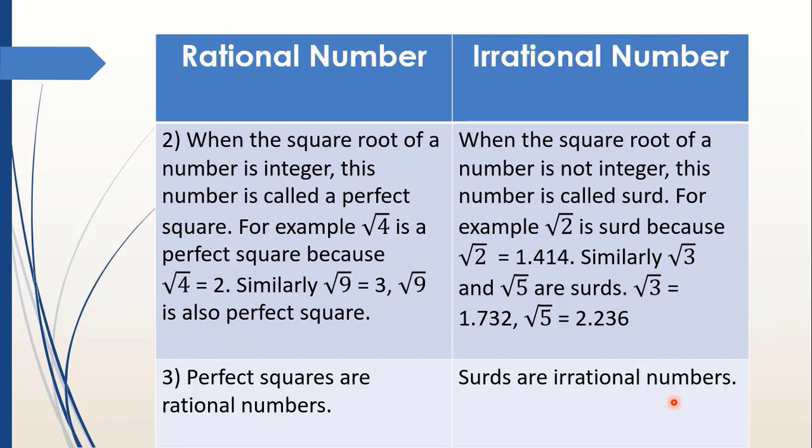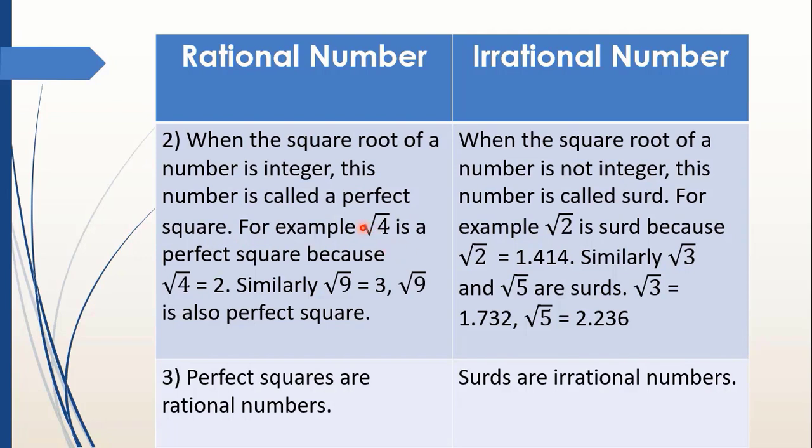The further points are perfect squares. What are perfect squares? When the square root of a number is an integer, this number is called a perfect square.